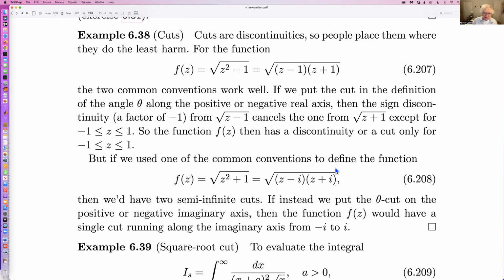And there's a sign discontinuity of minus 1 as you go across. The sign discontinuity from the square root of z minus 1 cancels the one from z plus 1, except in between minus 1 and plus 1. So the function then has a cut only from minus 1 to plus 1 in the z plane.